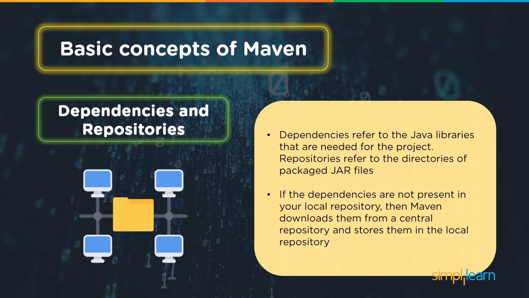If the dependencies are not present in your local repository, then Maven will try to download them from the central repository and cache them into your local repository. But first of all, it will look into the local repository, and if it is not present in local, then only it will go to the remote or the central repository.